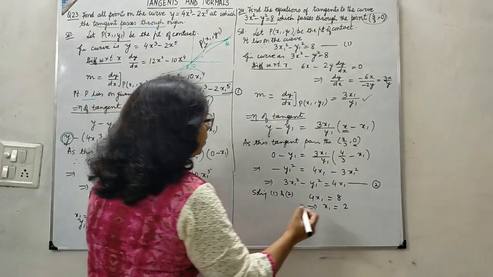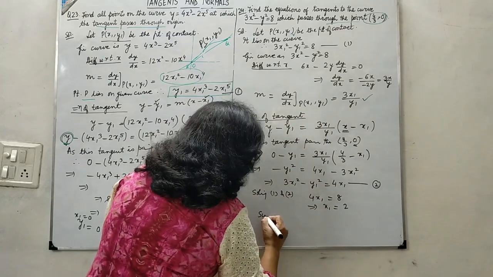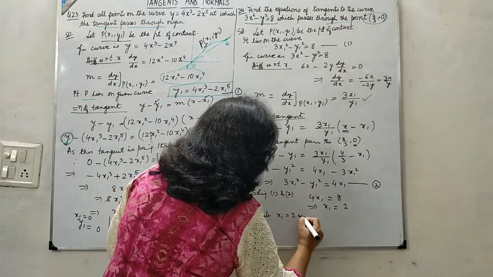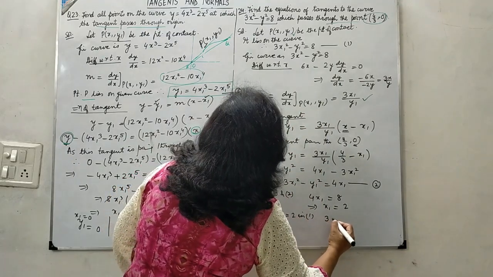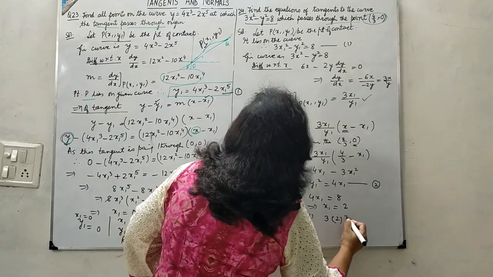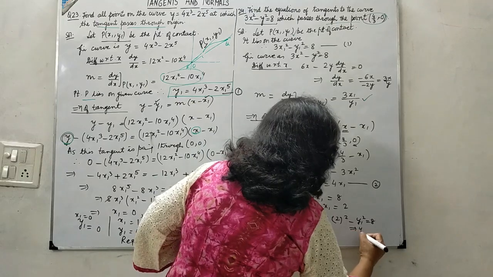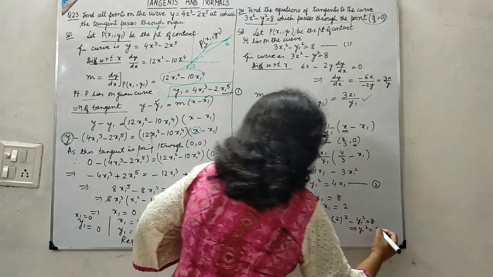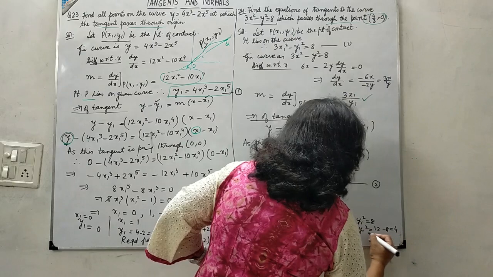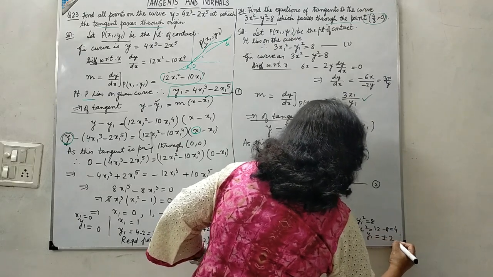When x1 is replaced as 2 in 1, substituting x1 as 2 in 1, we get 3 times 2 square minus y1 square is 8. From here y1 square is 12 minus 8, that is 4. So y1 is plus minus 2.